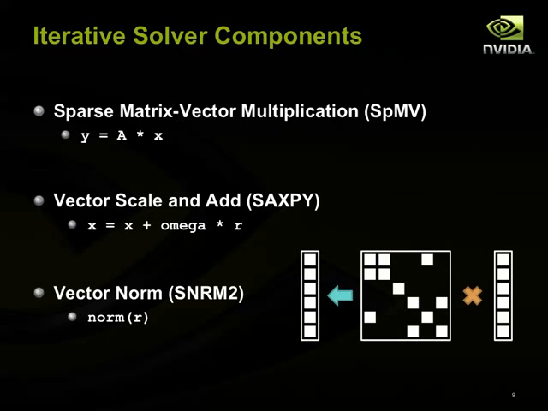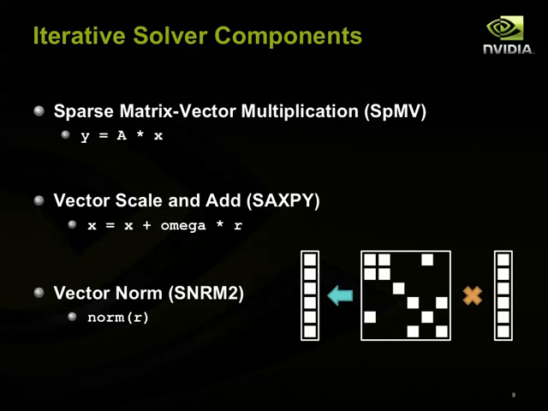If you're thinking about a GPU, you might think about how to parallelize each of these. The first one is going to be the thing that we study in depth in the next lecture. SAXPY is very straightforward to do. It's often the first thing that we teach people to do in CUDA. It's very simple to parallelize. You just read in the entries of the vectors, scale one of them, and then write it back out.